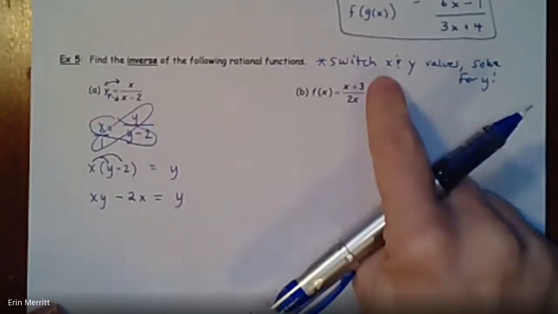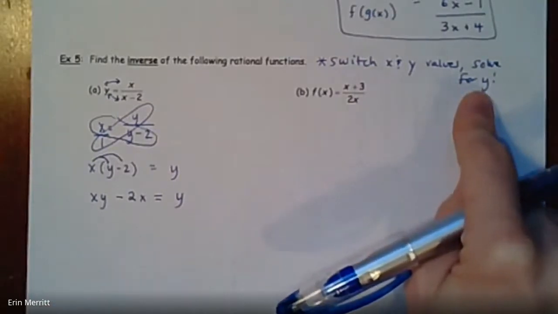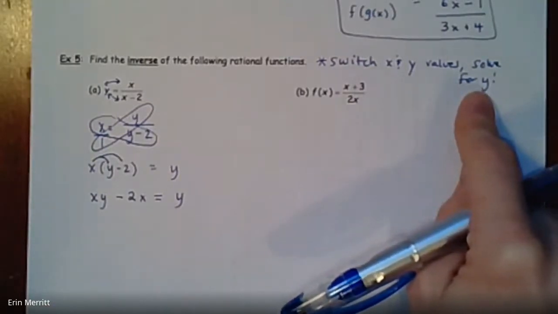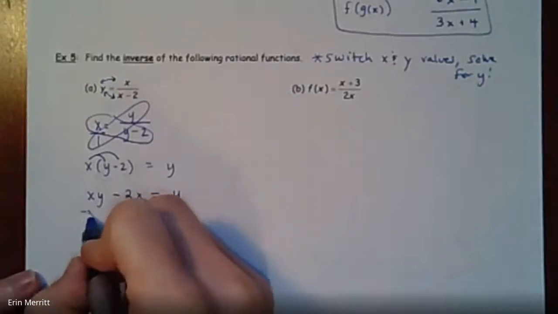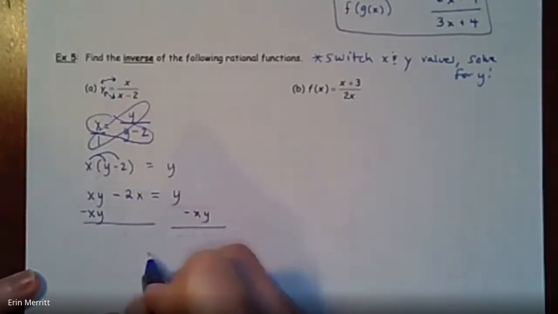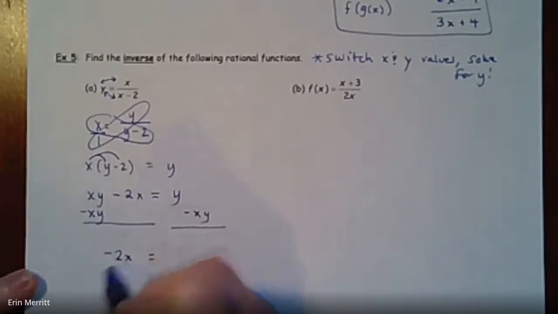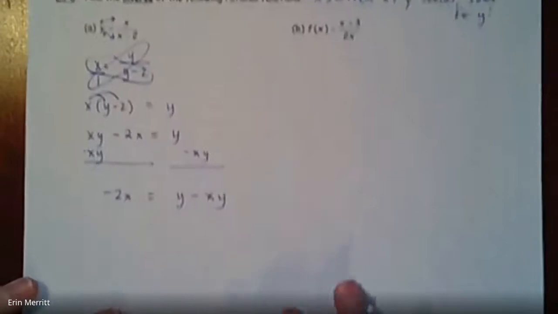So now if our goal, we switched the x and y, is to solve this for y, we need to get our y's together so that we can solve for just a single y. And now I know that sounds a little weird, but if we move this on over, so subtract xy, subtract xy. All right, I'm going to be left with a minus 2x over here, and then y minus xy.